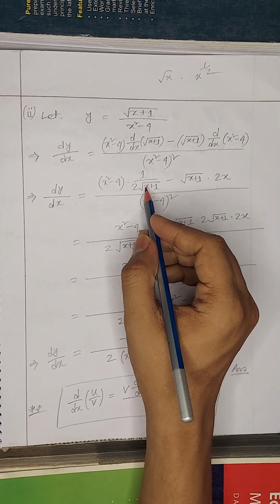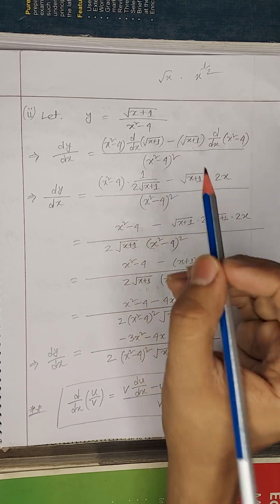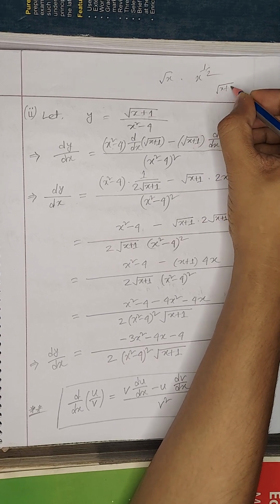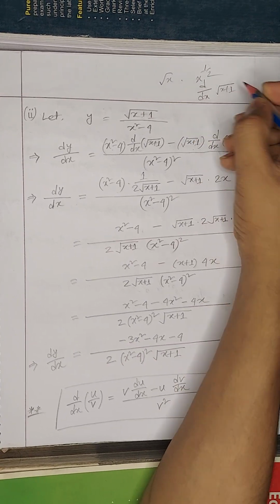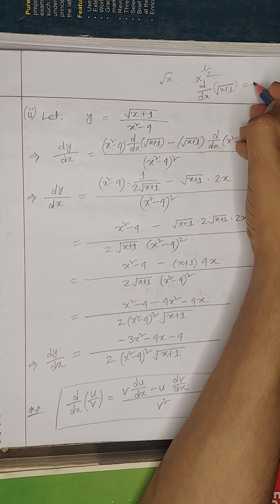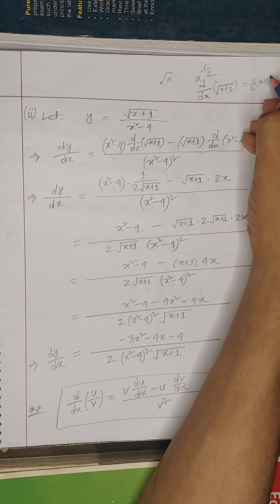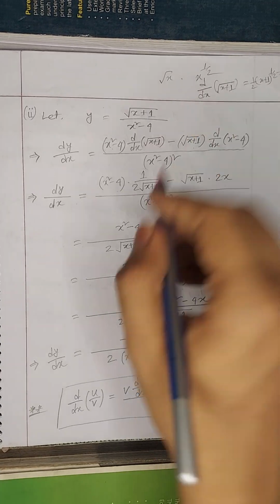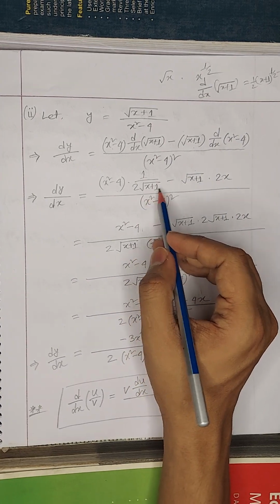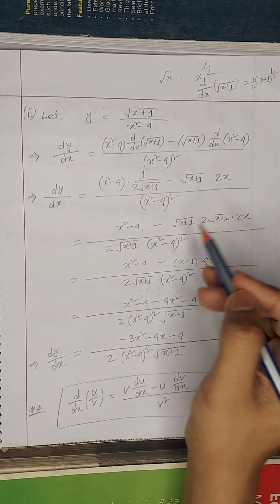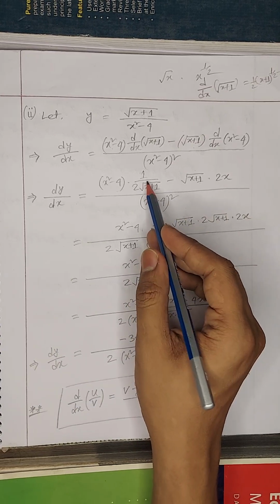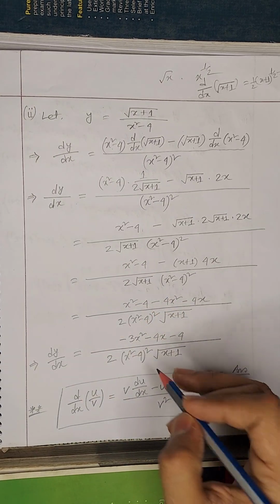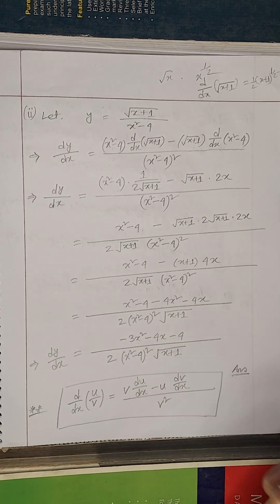And for this term, when we differentiate root over x plus 1, it becomes half times x plus 1 to the power half minus 1. So this becomes half minus 1, which is minus half, and we can write this way. Now we have to do a little algebra, bring this into the denominator, and after calculation we get our final result, which is this expression.